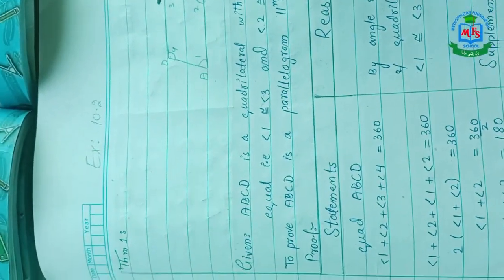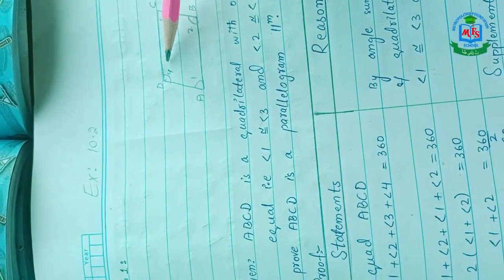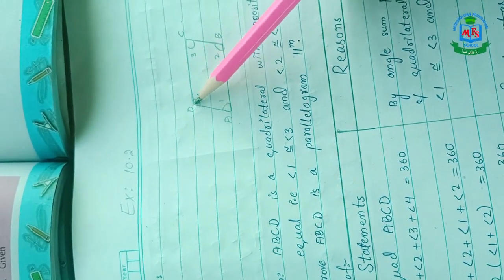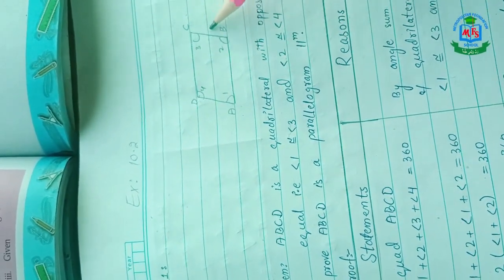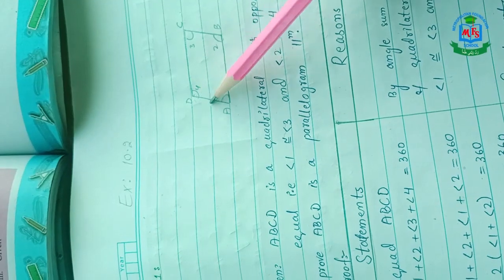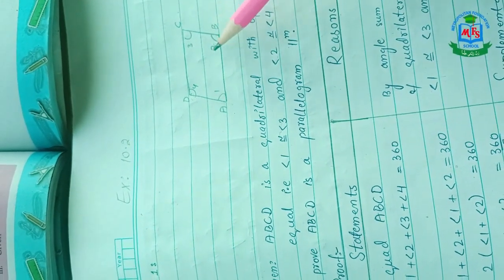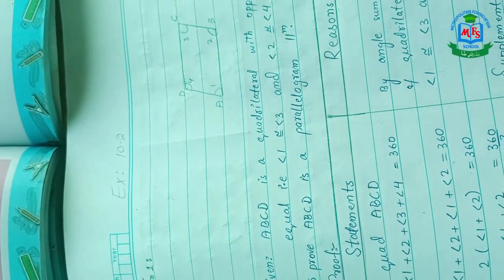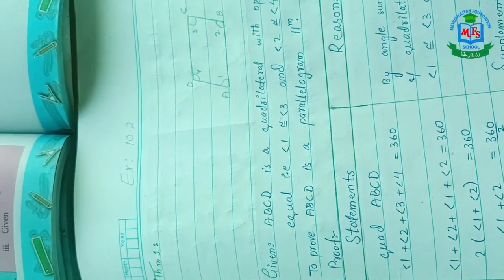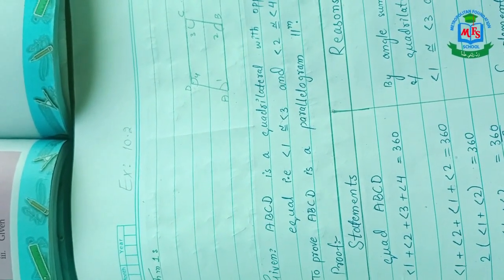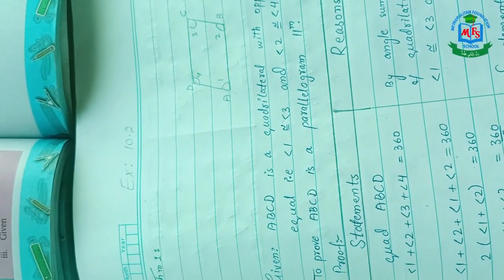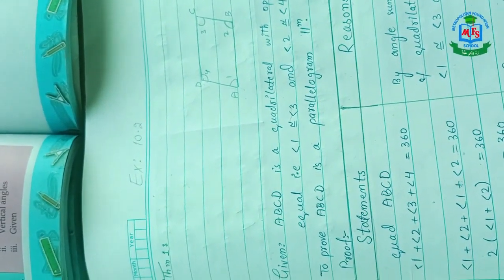So first we have to make the diagram. Okay, diagram. This is our quadrilateral. In a quadrilateral, these opposite sides are equal. Okay, these opposite sides are congruent. Congruent means they are the same in shape and equal in size.